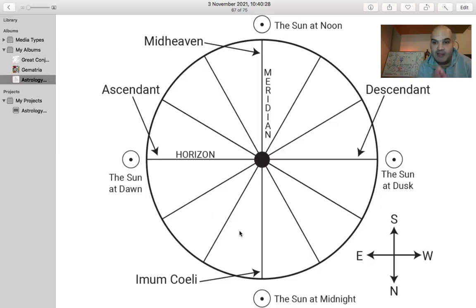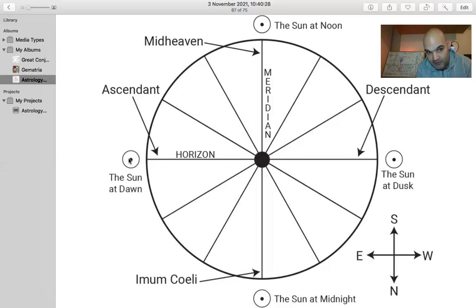But before we get deep into that, like I said, we're going to move on to what each of the houses mean. And also looking at this, the IC is the northern side of the equator, and the MC is the southern part of the equator. Because if you're in the north, we see the sun rising from left to right.